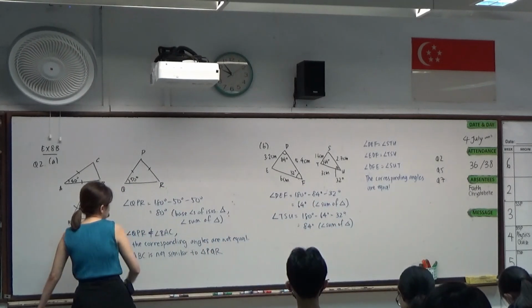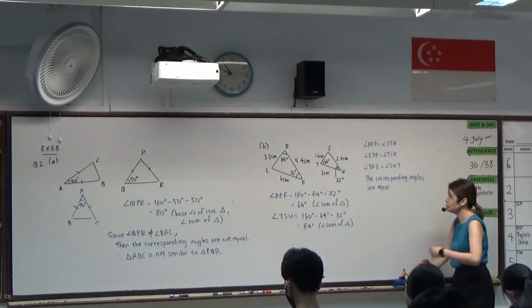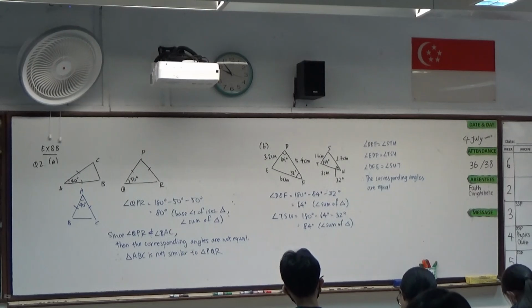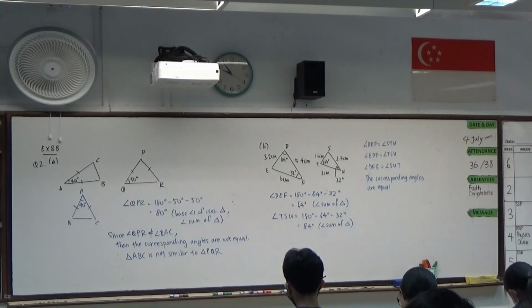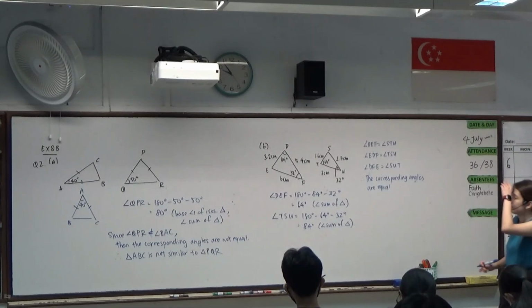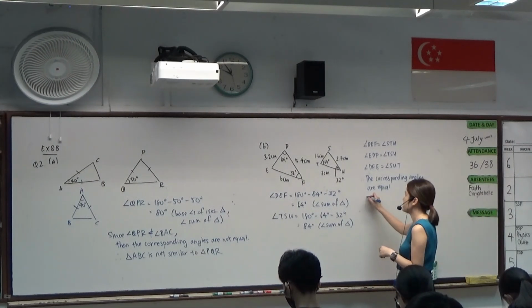Corresponding angles are equal. Okay. And then we now check the ratio of the length of sides.